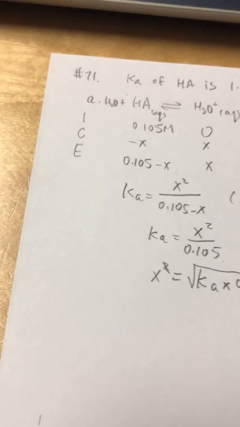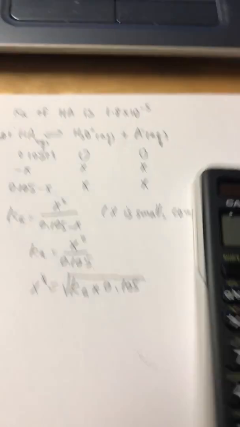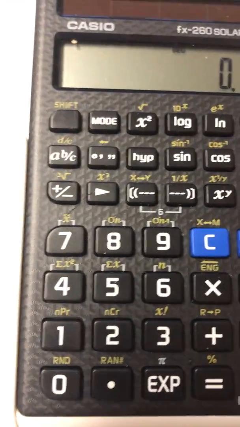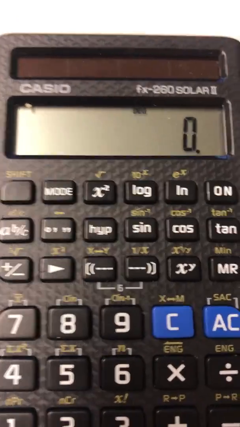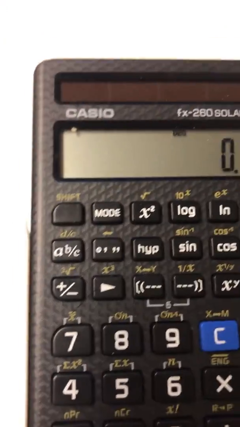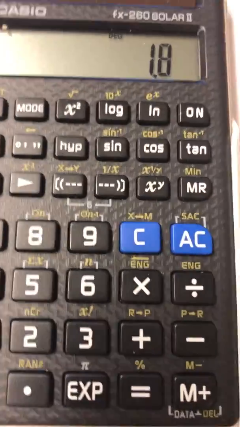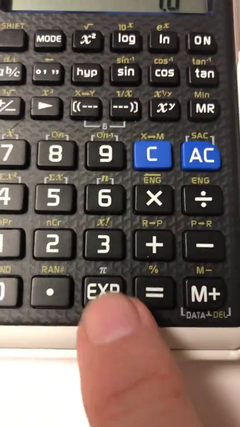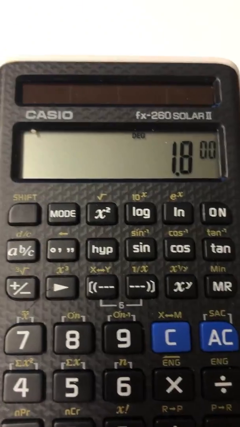Then here, let's use our scientific calculator. What you need to do is push the on button or clear everything. Push 1.8 followed by this EXP button. Now you can see the power come out.